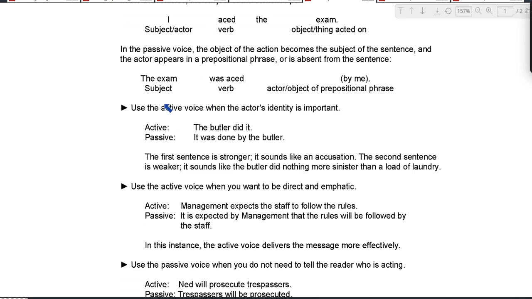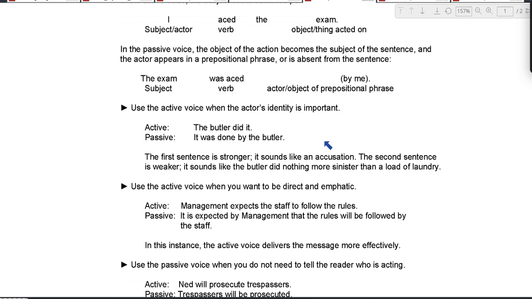Now let's think about other rules. Use the active voice when the actor's identity is important. The bullet did it. Passive: it was done by the bullet.